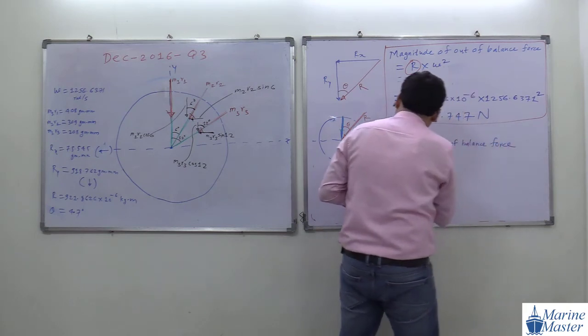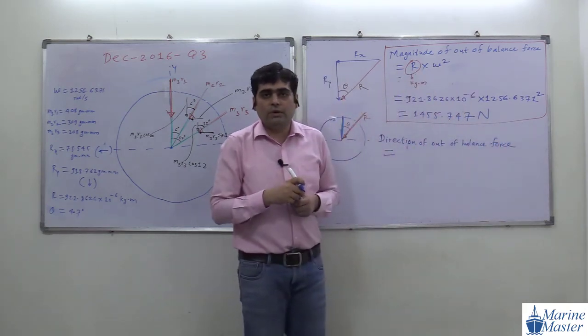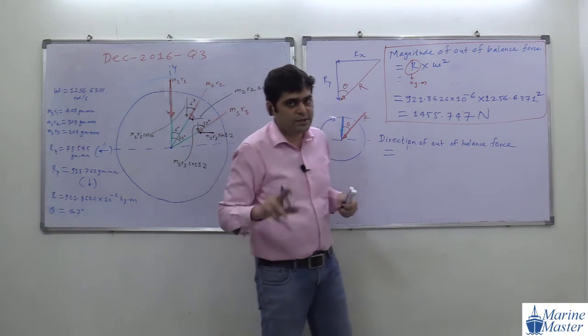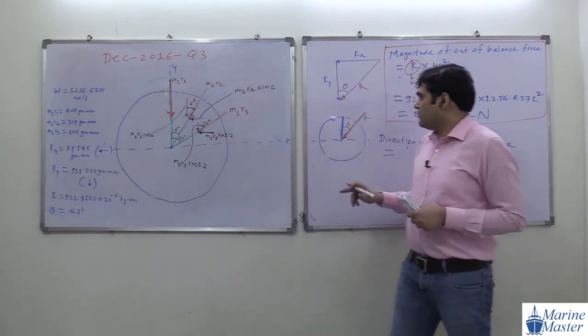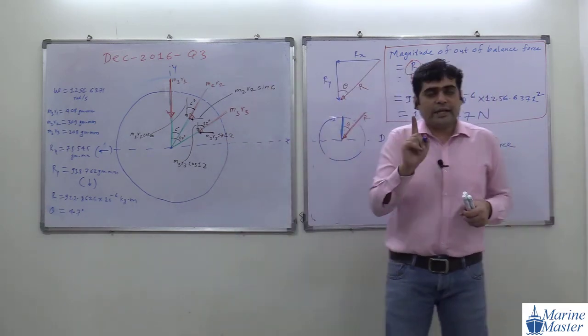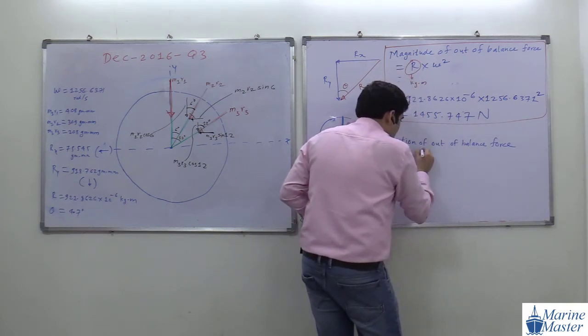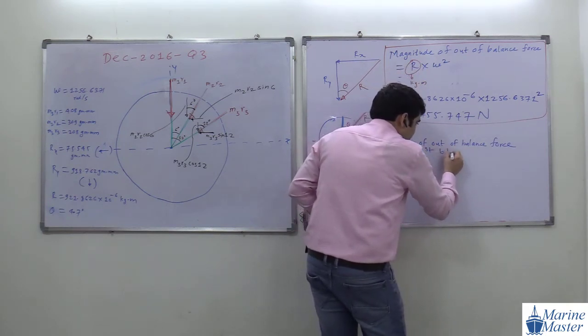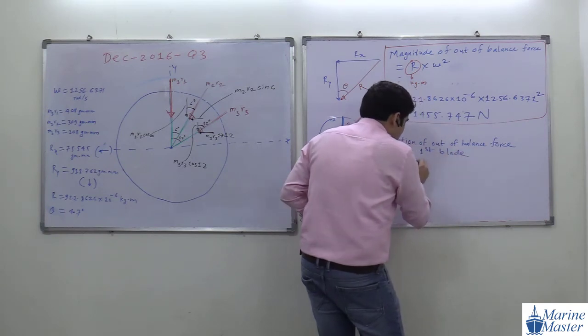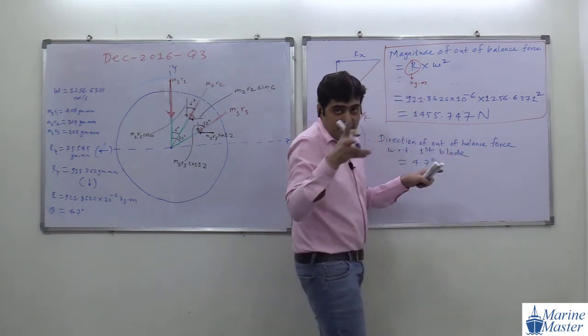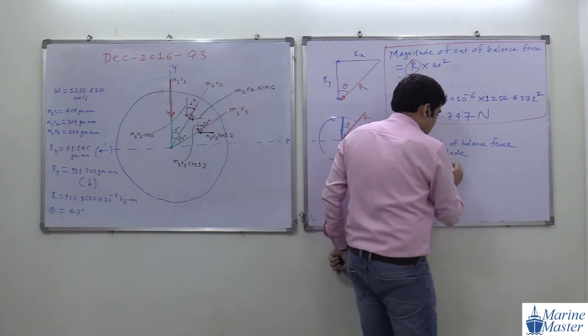What will be the direction of the out of balance force? With respect to the first blade, the direction is 4.7 degrees radially inward.